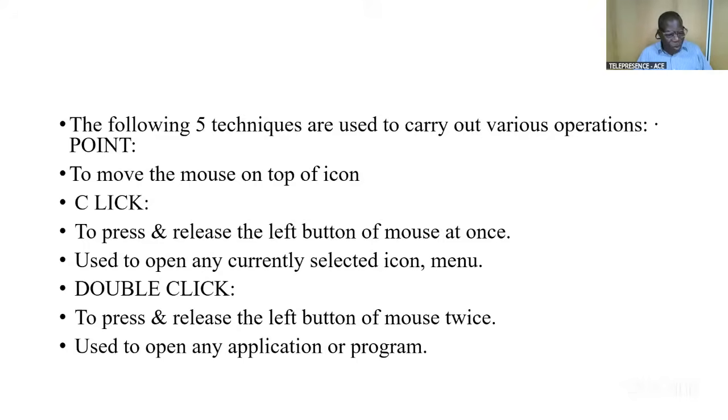You double click. To press and release the left button of the mouse twice, that's double clicking, then used to open any application or program. These are key important things you should know.